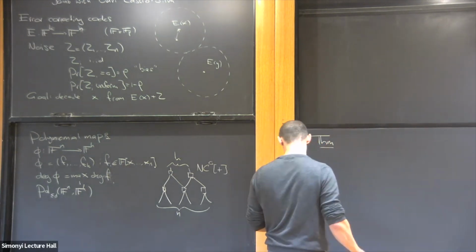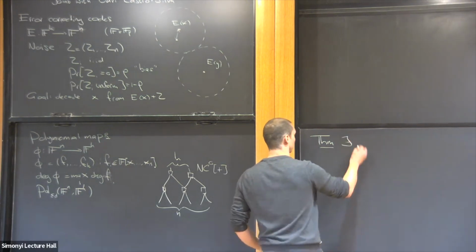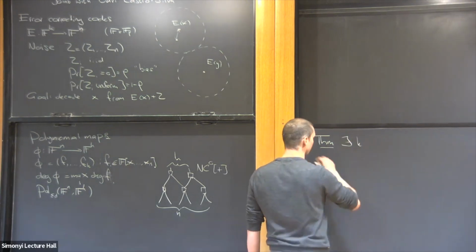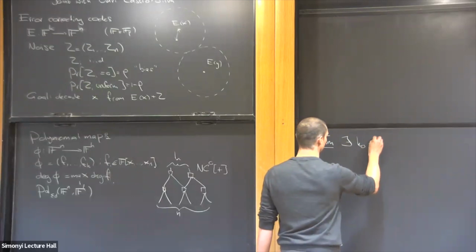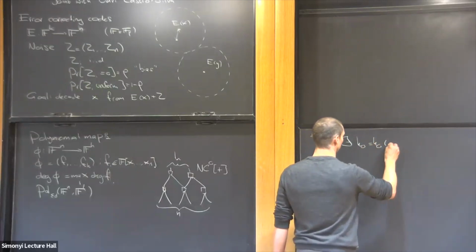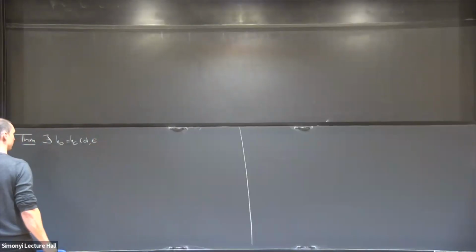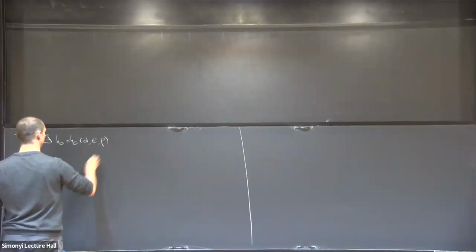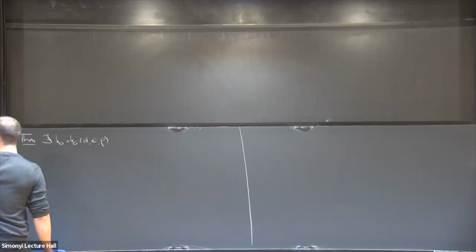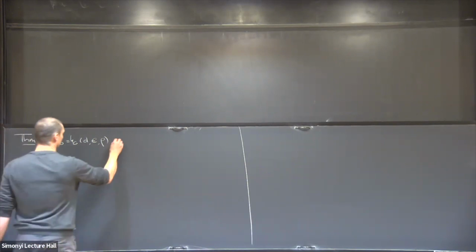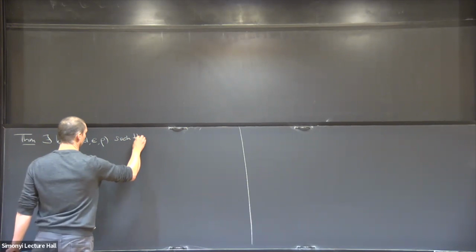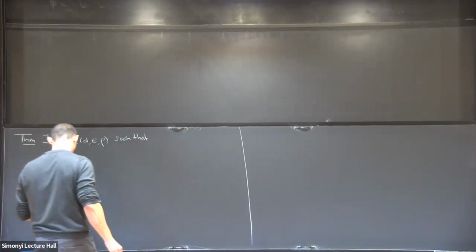So the main result shows that there is some constant k0 depending only on d for the degree, some positive parameter epsilon of your choice, and the noise parameter or the bias rho, such that the following holds.